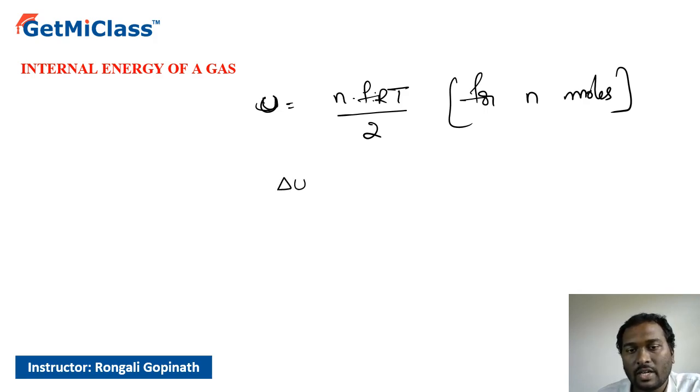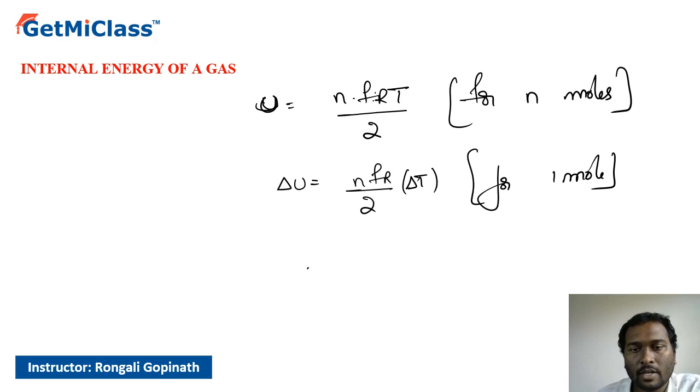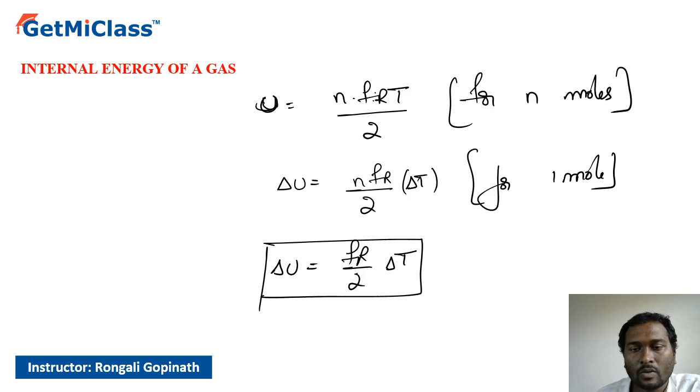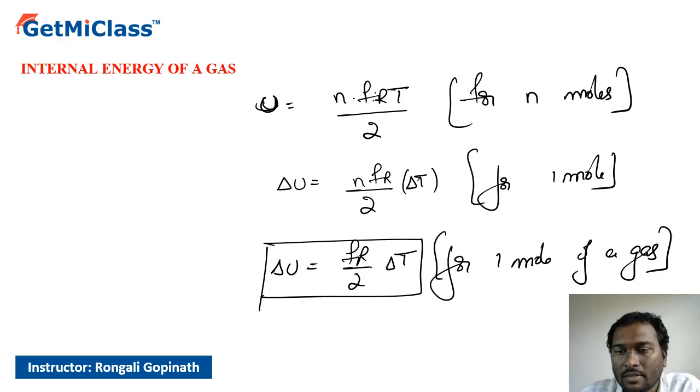Or the change in internal energy delta U can be written as nfR by 2 times delta T, right? If it is for 1 mole, n becomes 1, and it becomes fR by 2 delta T. This is delta U for 1 mole of a gas, right?